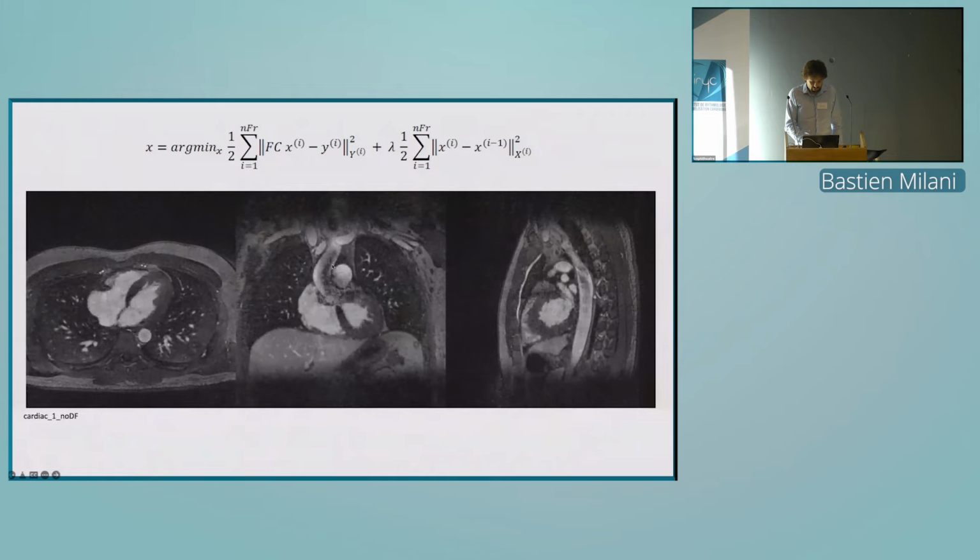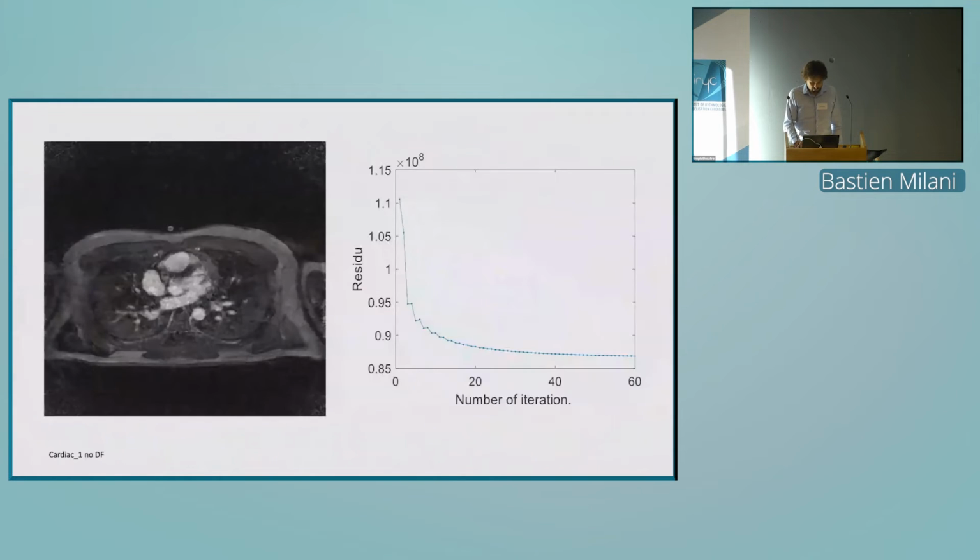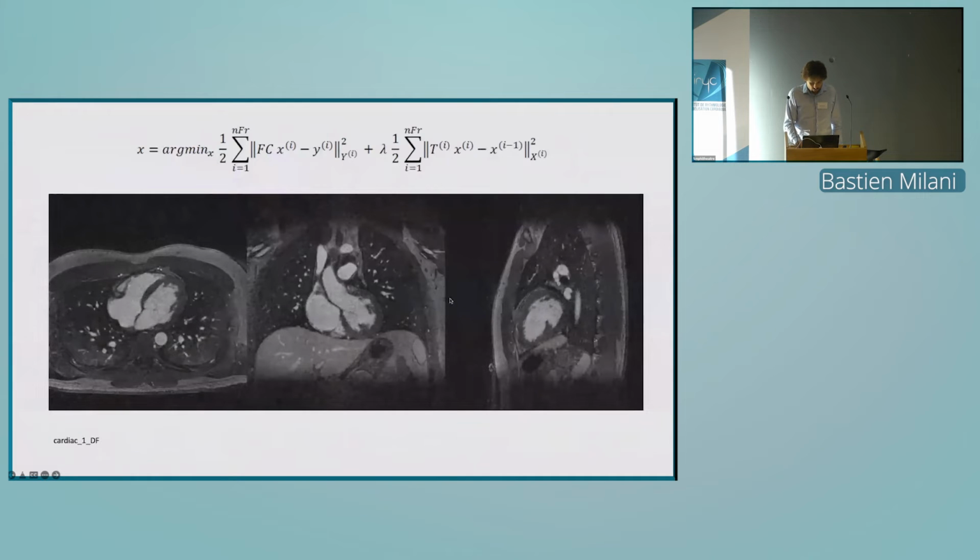We get pretty decent images that we then use to find the motion field. Here is the witness image that shows how the image is converging, and the residuum. And then once you have the motion field, you do a second recon where you add the motion field in the regularization, and you get an even better image.